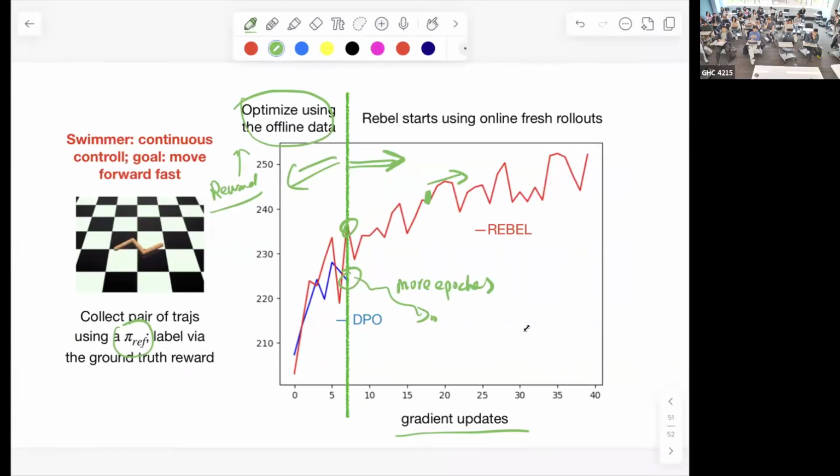So what would be a practitioner recommendation? Like if I have a startup, should I just use Rebel? Should I not use PPO, or if I have enough time and patience, maybe PPO is still better in the limit?